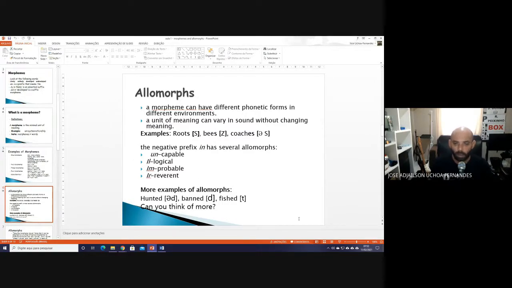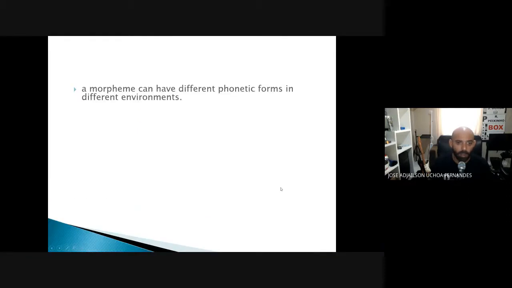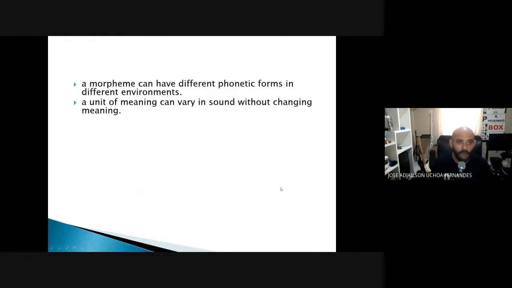And then we get to the point that we are supposed to discuss today, which is the idea of allomorphs. A morpheme can have different phonetic forms in different environments, and a unit of meaning can vary in sound without changing its meaning.